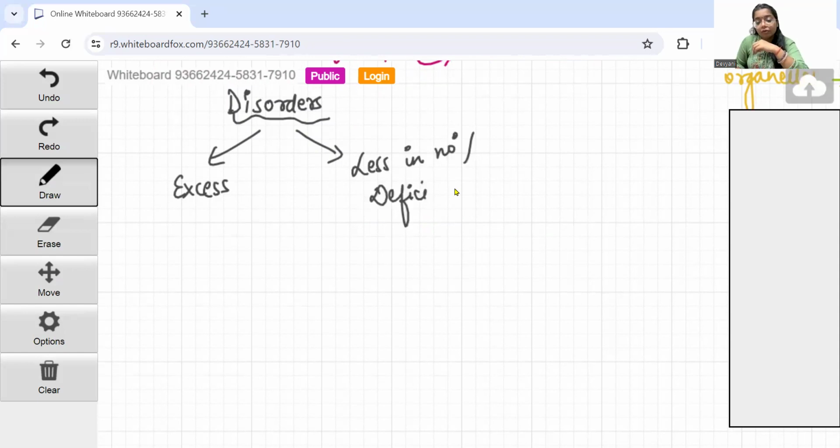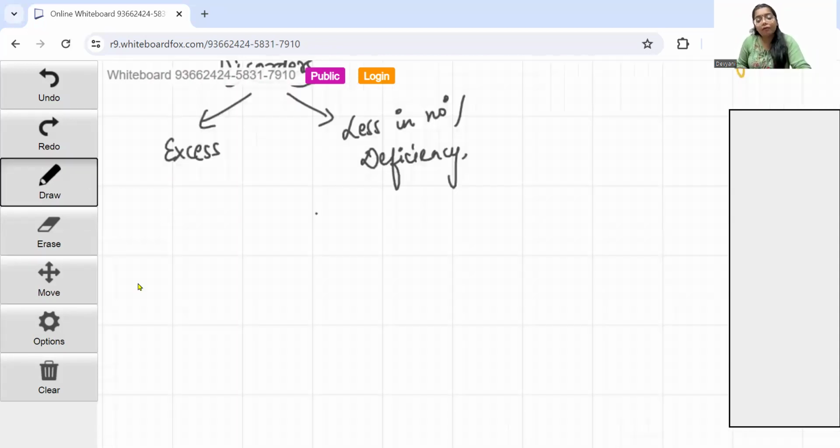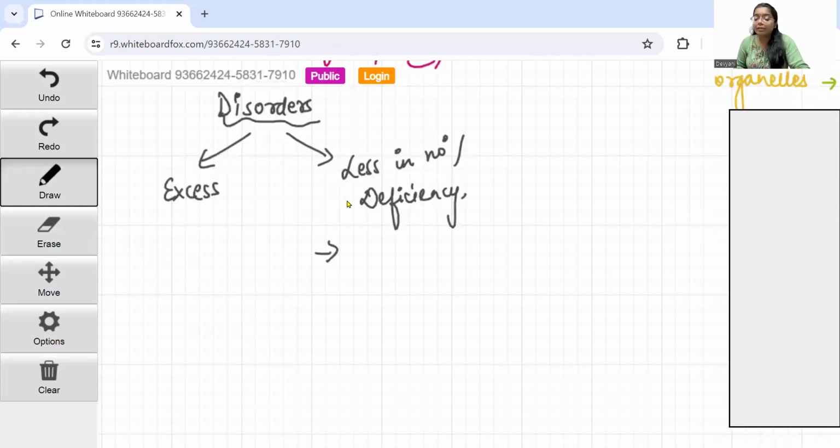In females, you usually know that if there is a deficiency of blood in the body, it is going to lead to anemia, right? That is anemia. And the name of the disorder where the number of RBCs is very less or deficient, we call it erythrocytopenia.